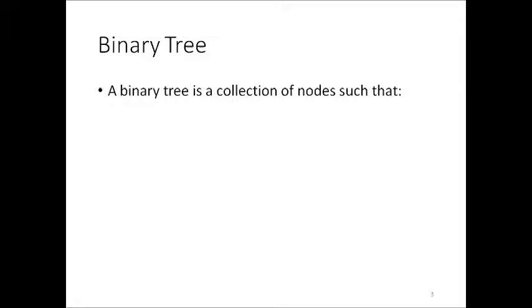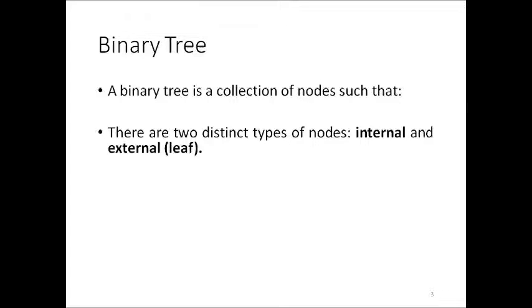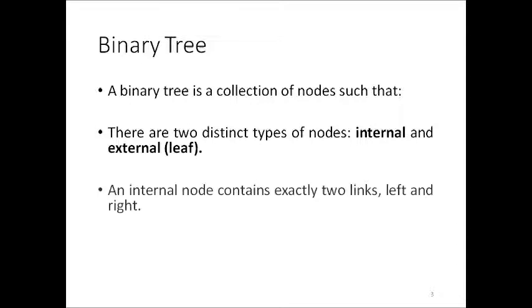Recall that a binary tree is a collection of nodes, such that there are two types of nodes, internal nodes and external nodes. For some reason, we also term external nodes as leaf nodes. An internal node contains exactly two links, left and right, where one of them must not be a null pointer.